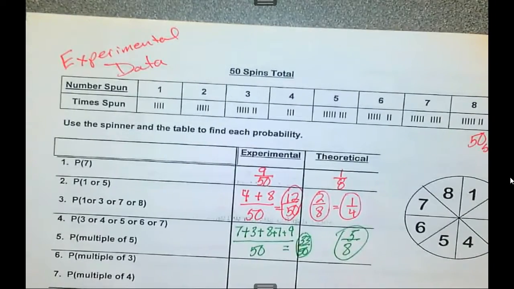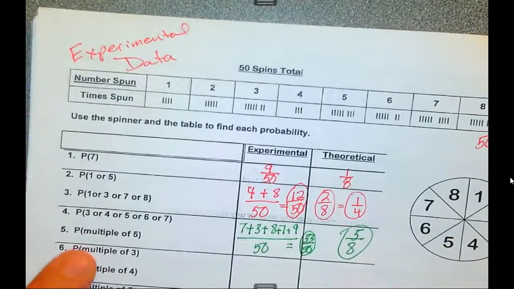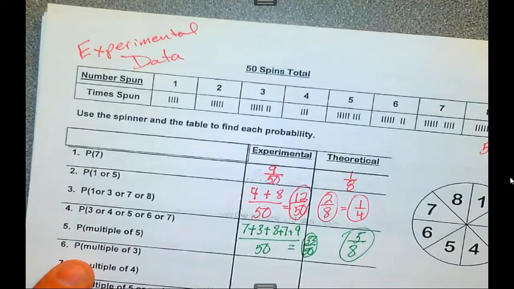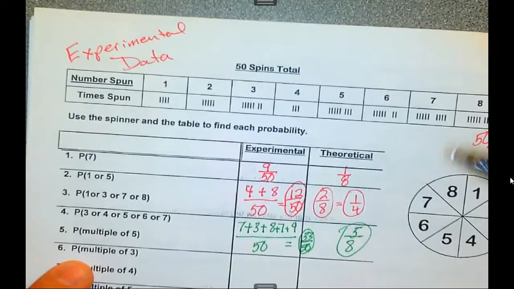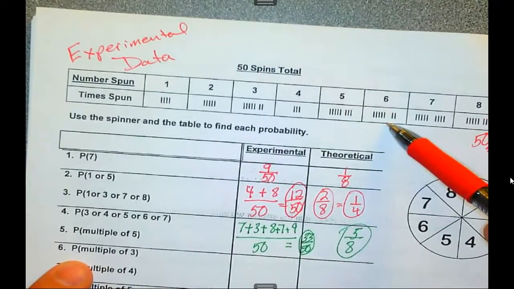How about number 6? A multiple of 3. So a multiple of 3 would be 3 or 6, correct?